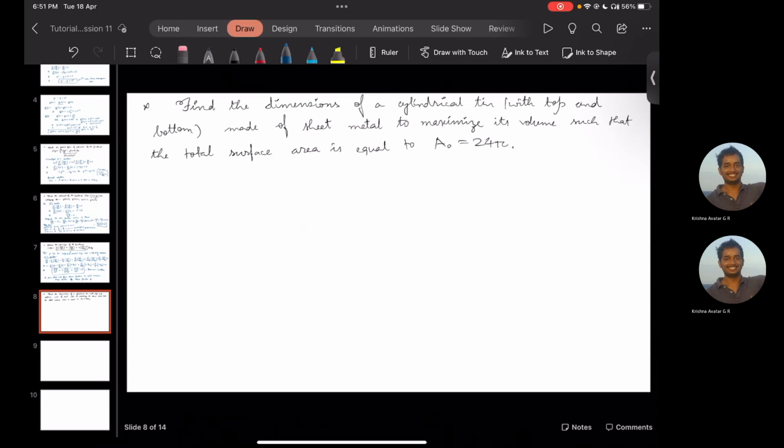Let us create a schematic of the problem, as to how it looks. This is a cylindrical thing, and let's denote its radius as x1 and the height as x2.